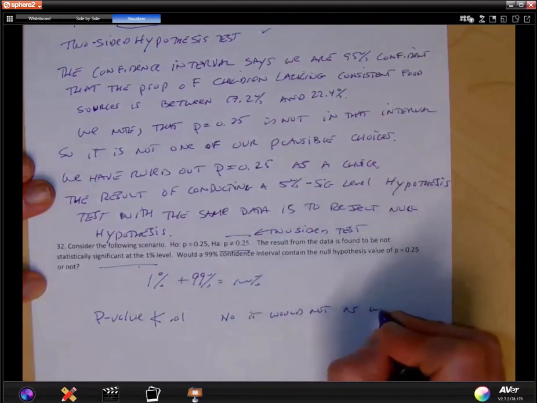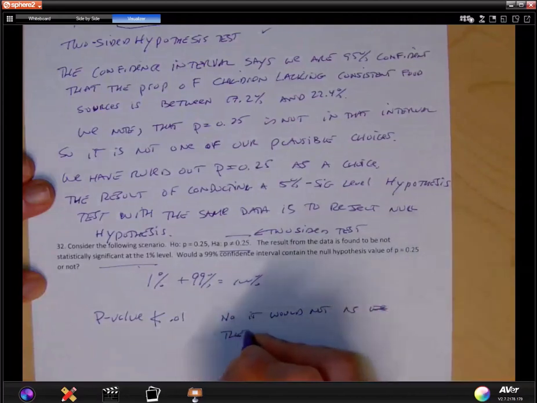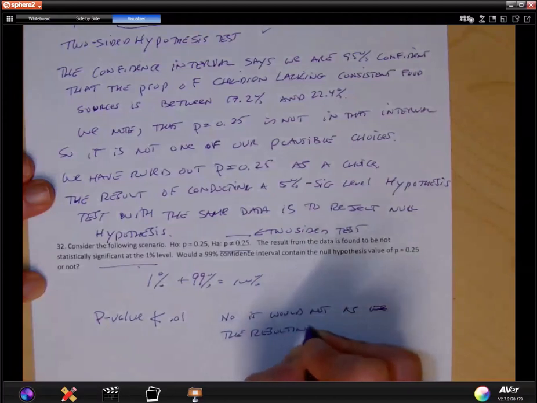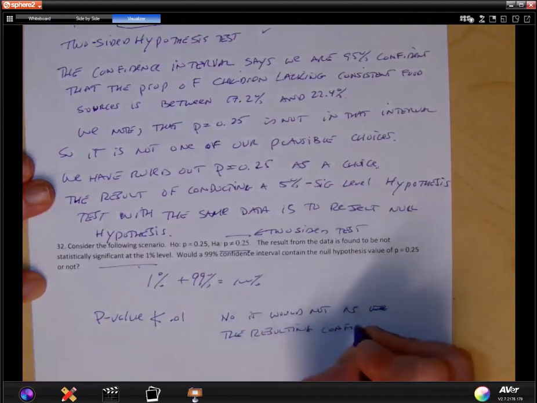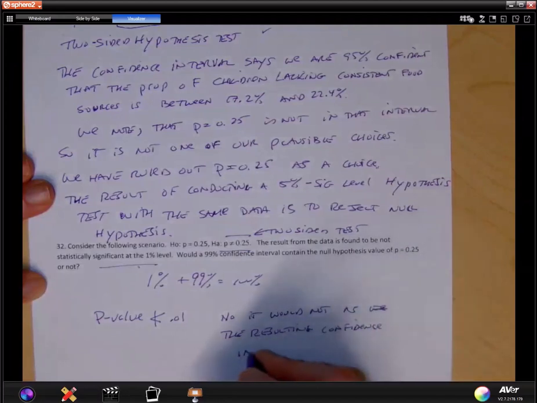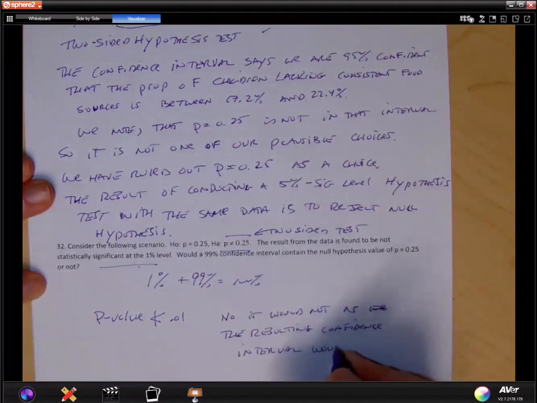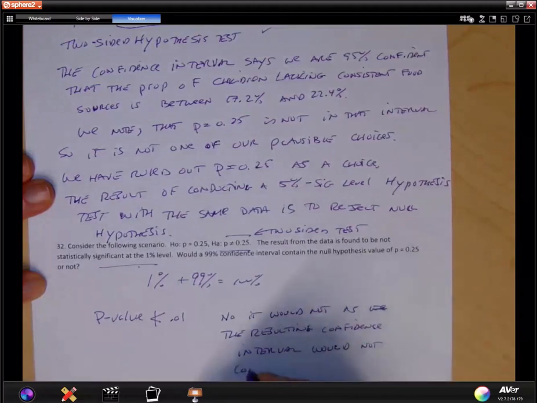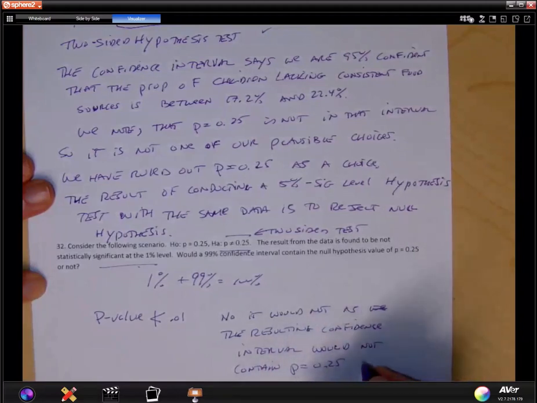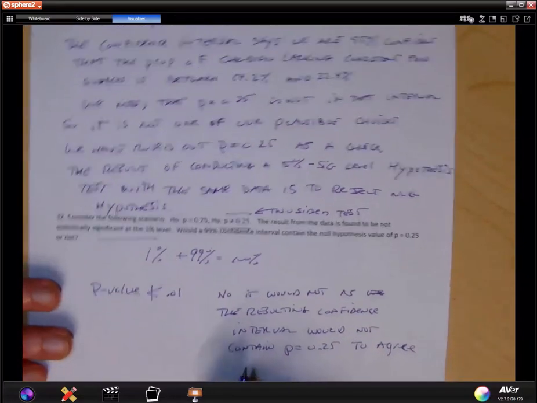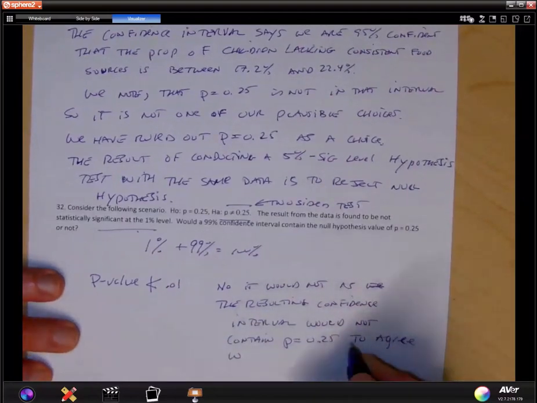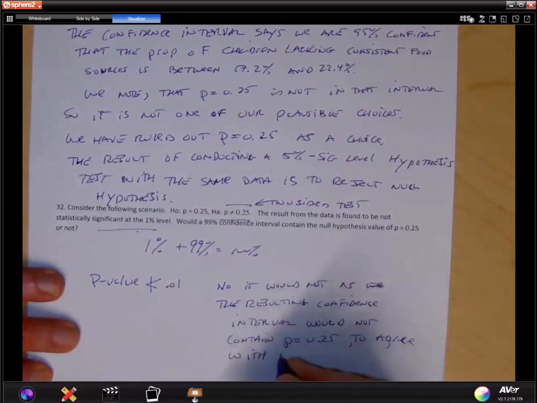As the resulting confidence interval, again, so we can agree with the hypothesis test result.